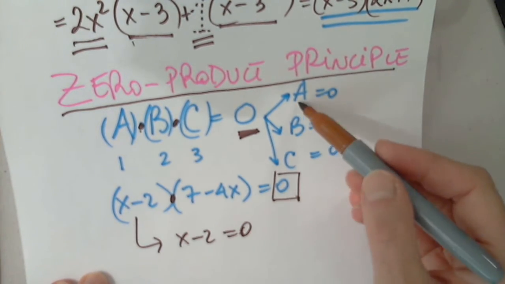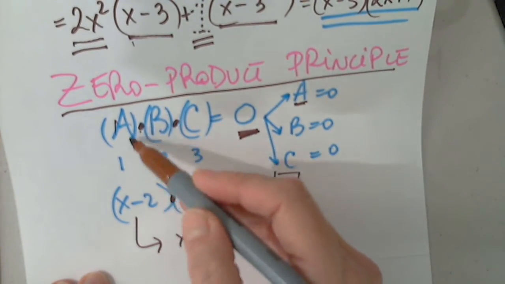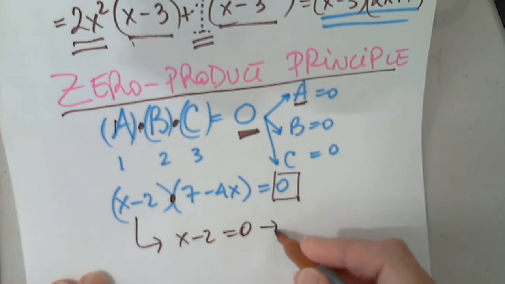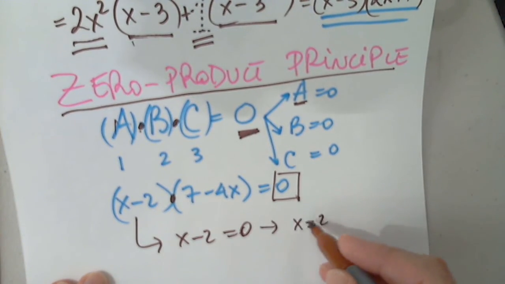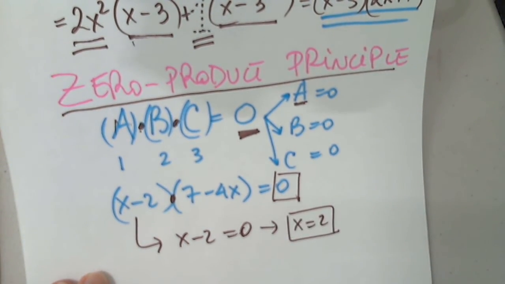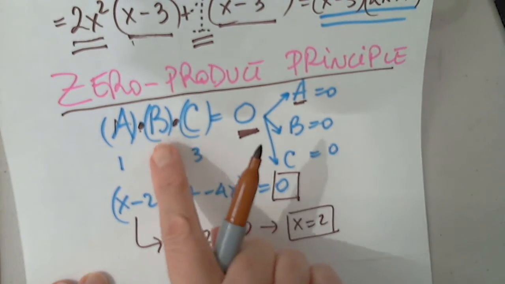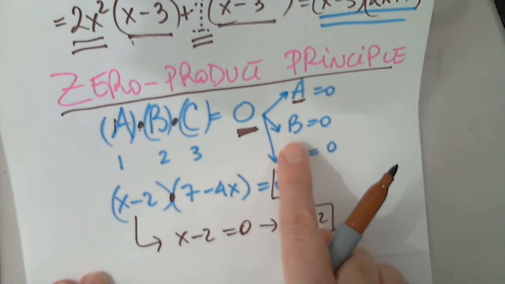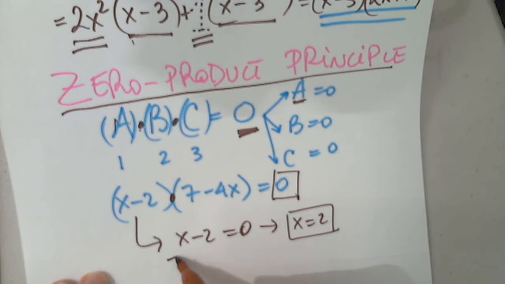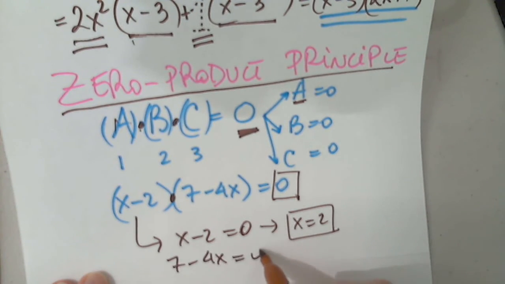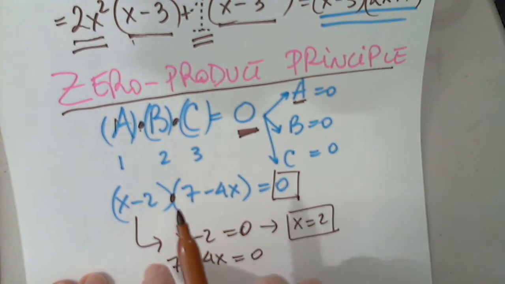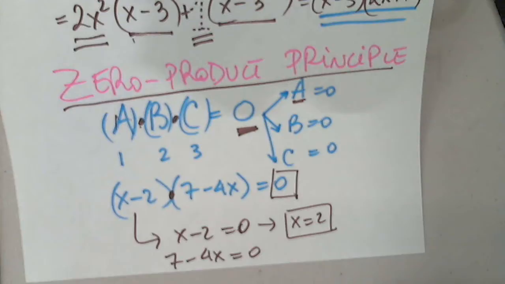So if the first factor, my so-called A, is 0, then from here I move 2 and I get x equals 2, and I found the first solution. Now what if my factor B is 0? Then I have to create an equation with 7 minus 4x equals 0. Here I have to move 7 to the other side and divide by negative 4.